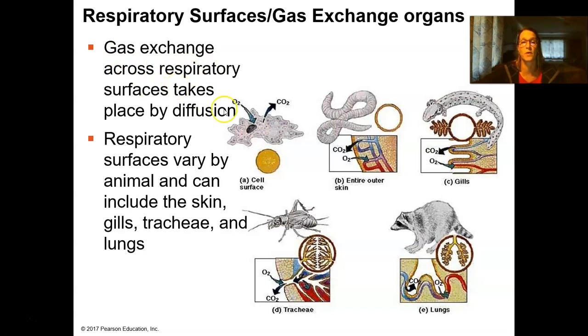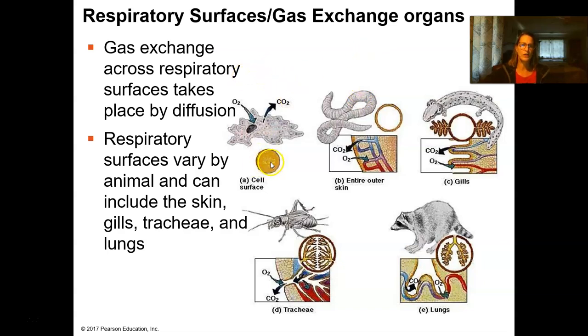And we did talk about that before. The exchange of oxygen and carbon dioxide, both of these things can easily move across a cell membrane. So diffusion is the way that carbon dioxide and oxygen are going to move around. But the respiratory surfaces, even though they're all doing this exchange between carbon dioxide and oxygen, are going to vary a lot.